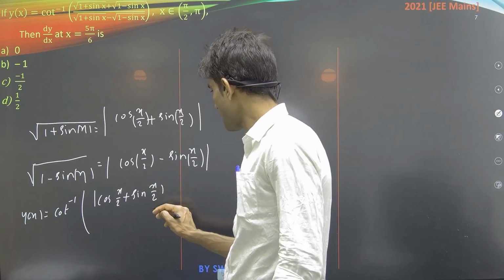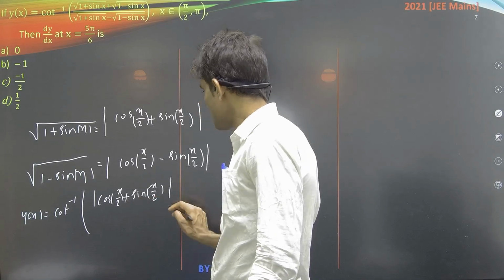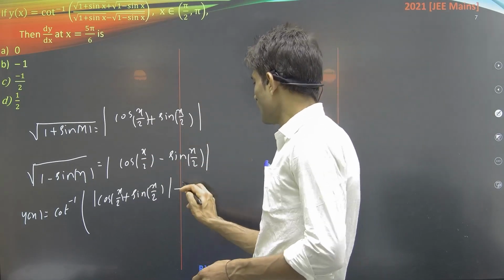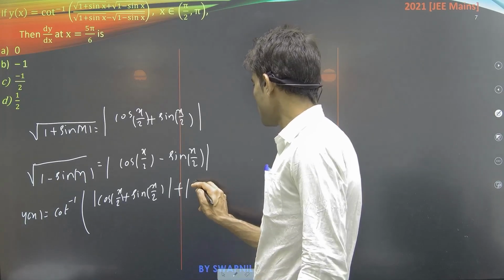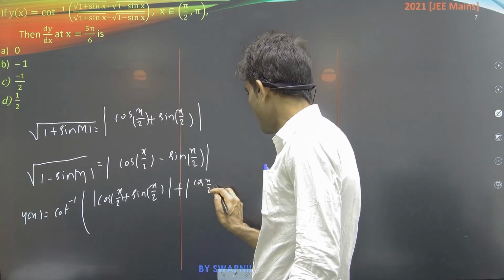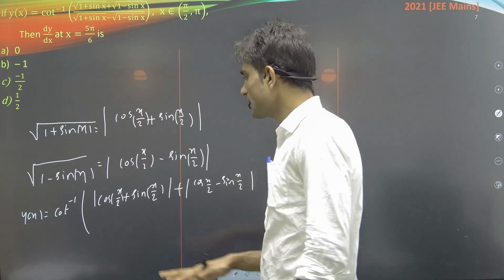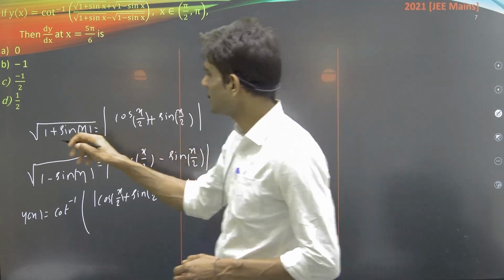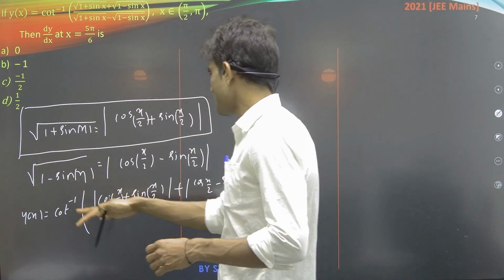This is the square root of 1 plus sin x plus square root of 1 minus sin x, which also can be written as modulus of cos x by 2 minus sin x by 2. This is just the substitution of a value, so I applied this standard formula, and by using it I got these values.